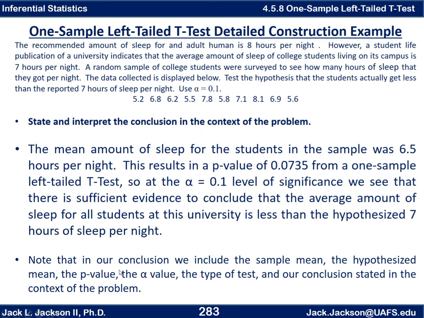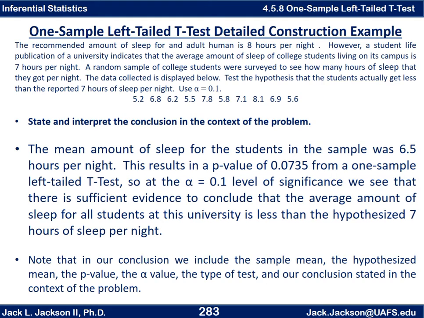So let's state and interpret the conclusion in the context of the problem. So here's how I would state this. And notice that really to state your answer, you need at least a sentence, maybe a couple of sentences to state the answer. So here we go. The mean amount of sleep for the students in the sample was 6.5 hours per night. This results in a p-value of 0.0735 from a one-sample left-tailed t-test.